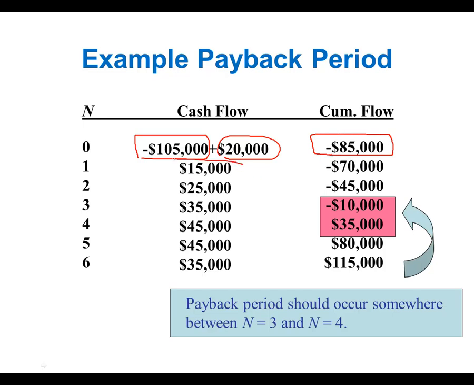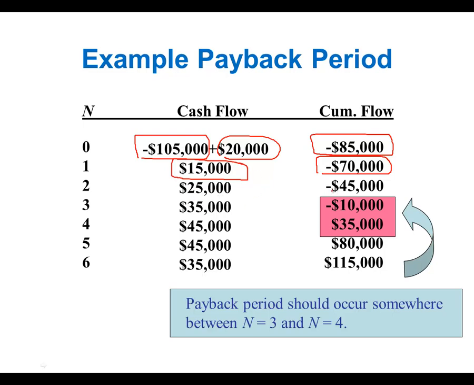Then we gained 15,000 the second year, subtract, we get $70,000, and so on. All I'm doing is calculating the cumulative cash flow from the money that we are getting, and I did not take into consideration any of the interest rate values or the inflation in these calculations.